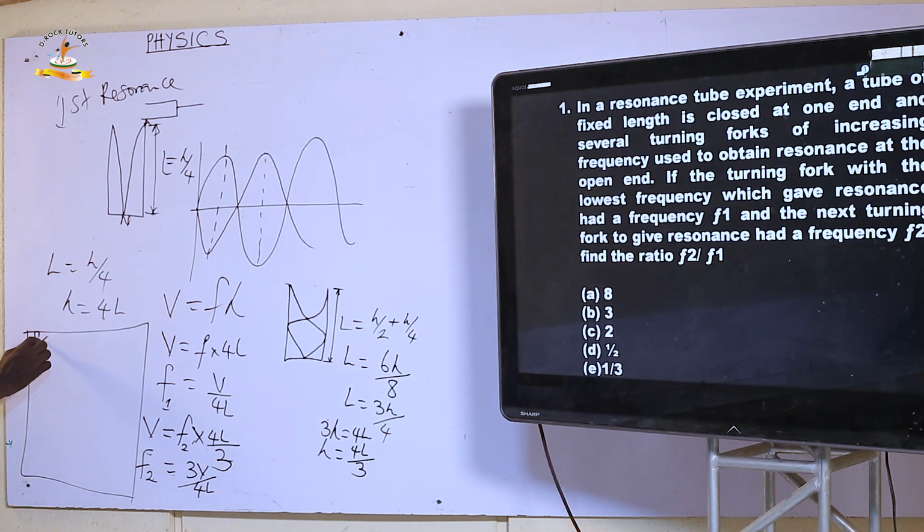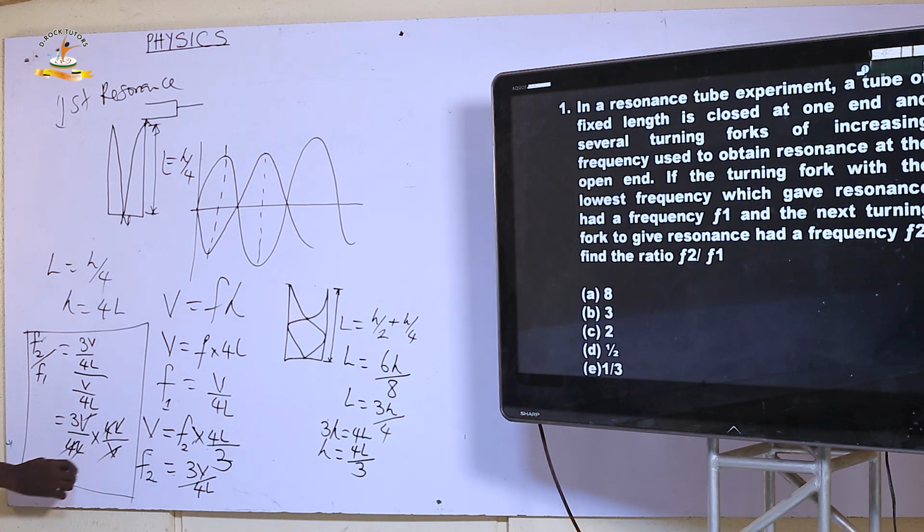So F2 all over F1. We had F2, which was what? 3V all over 4L, all over, what was our F1? V all over 4L. And here we're going to say it is the same thing as 3V all over 4L multiplied by 4L all over V. We are going to reverse this, so it's going to be over V. L cancels L here, 4 cancels 4 here, and V cancels V. What are we left with?